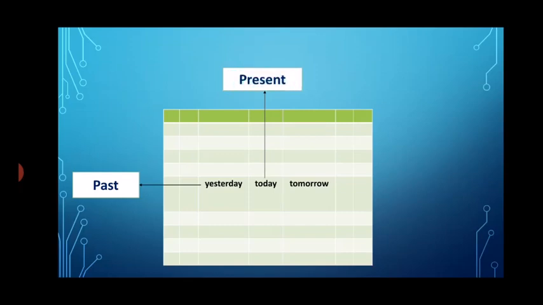Present means today. Okay. So whatever is happening now, today, is the present. And then what is the future? It is tomorrow. We don't know what will happen tomorrow, isn't it? So whatever will happen after today is the future.